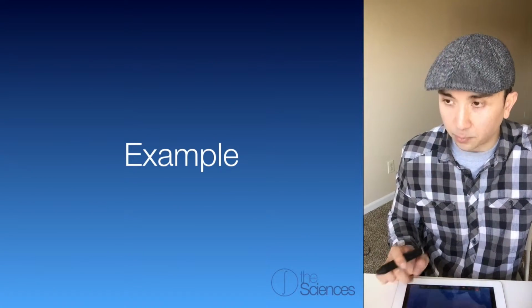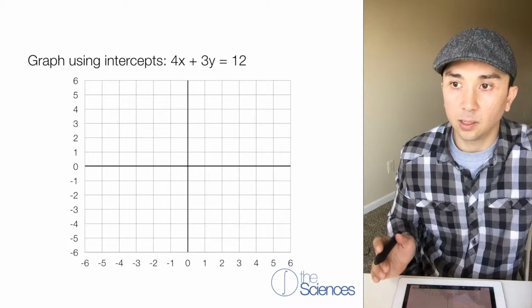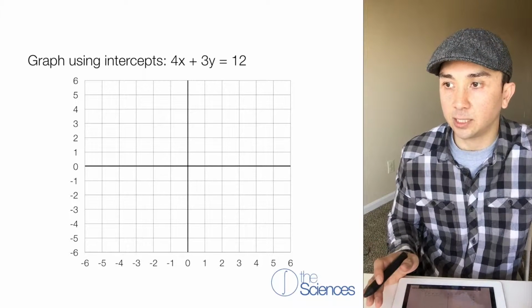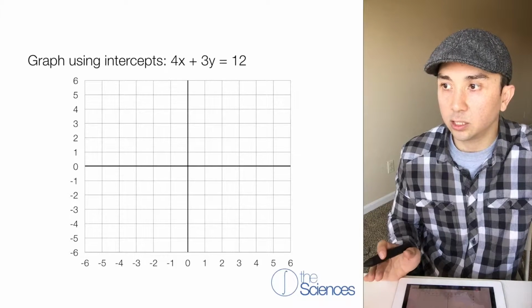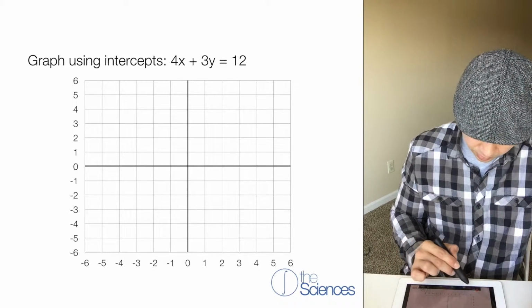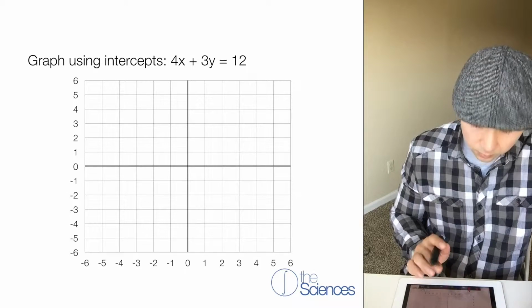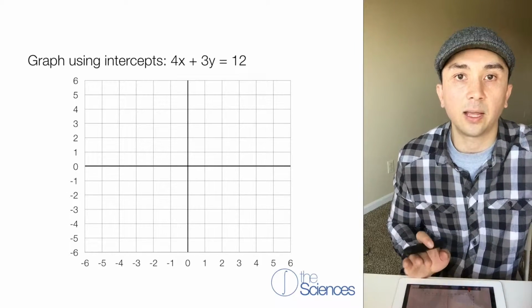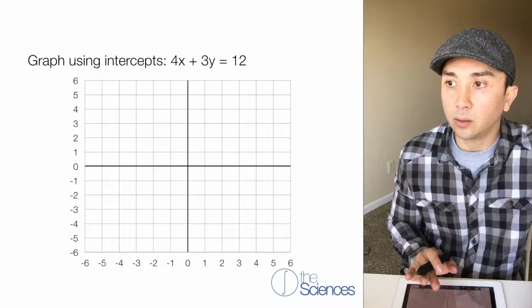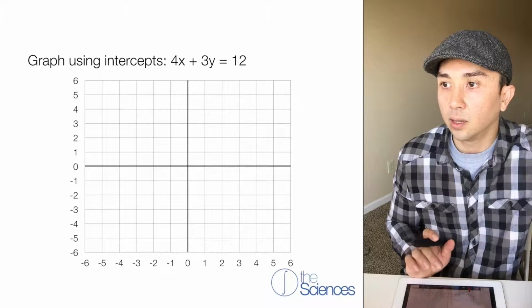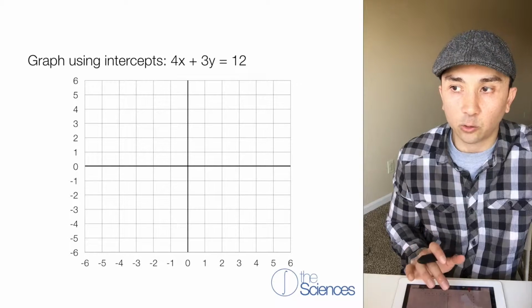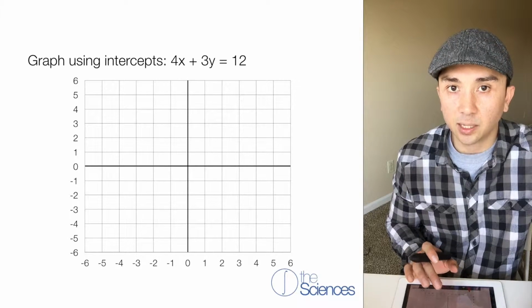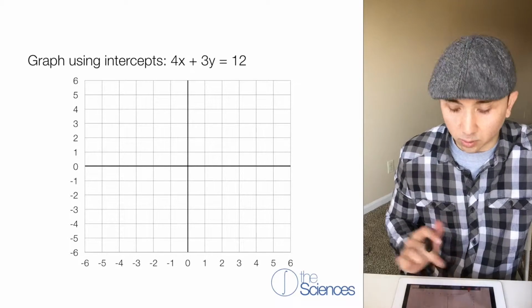So let's do an example. Let's graph using intercepts 4x plus 3y equals 12. The first thing we're going to do is find the x-intercept. We know that the point at which a graph crosses the x-axis is when y equals 0.